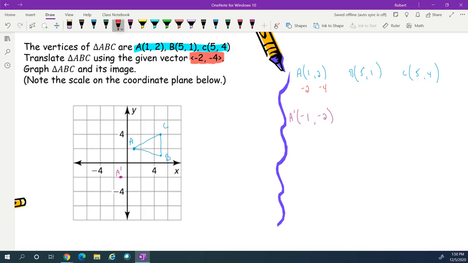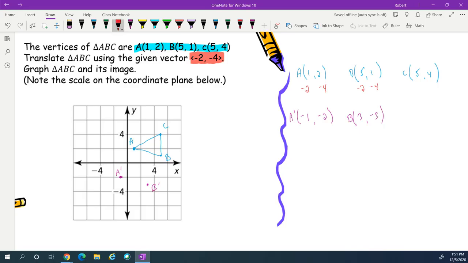And we're going to do the same thing for point B, following the same vector or the same rule. Subtract 2 from the x's, subtract 4 from the y's. That makes point B prime. 5 minus 2 is 3. 1 minus 4 is -3. So I can come over here, 3, -3. And that's my B prime.